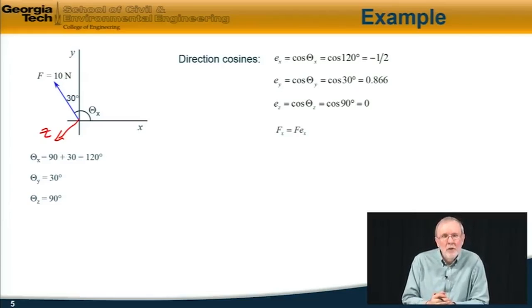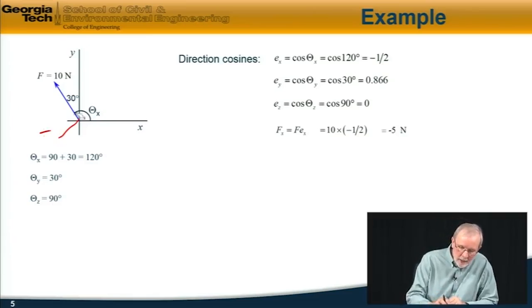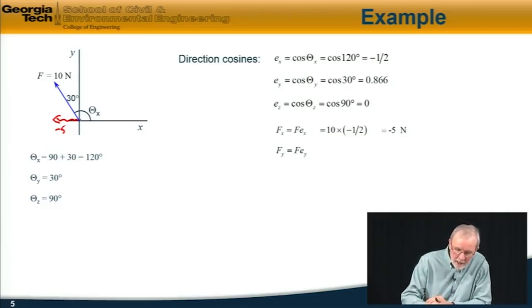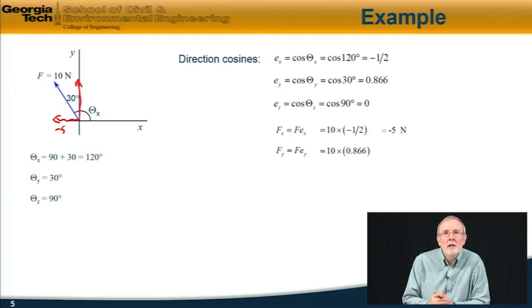So we can write the individual components of this force this way. Fx is equal to F, the magnitude of the force, times Ex, is therefore equal to 10 times minus 1/2, is equal to minus 5 newtons. So that component is right here, minus 5. The y component, Fy, is F times Ey, is this component, is equal to 10 times 0.866, or 8.66 newtons.